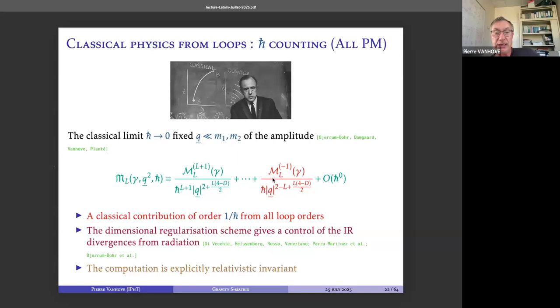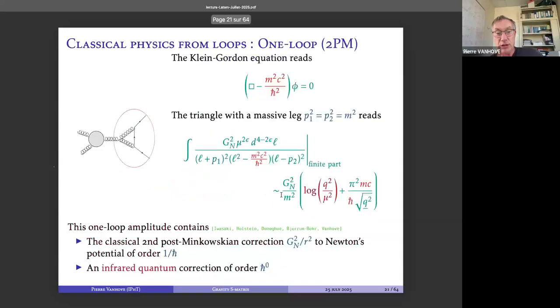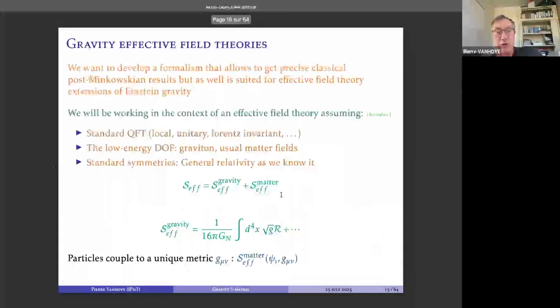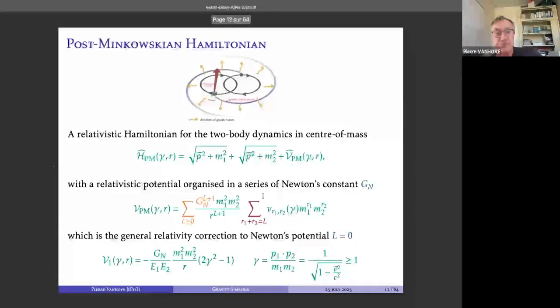And by dimensional analysis, you realize that if you take d equal 4, this is exactly what you want. So when you are at L loop, the power of Newton's constant will be G^(L+1) by construction, because you are at L loop.